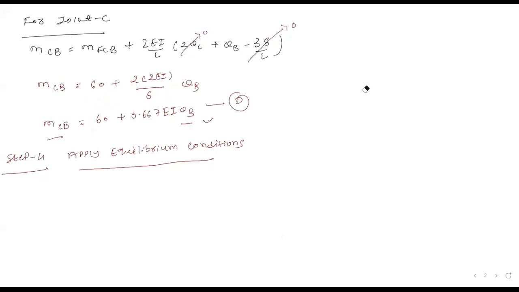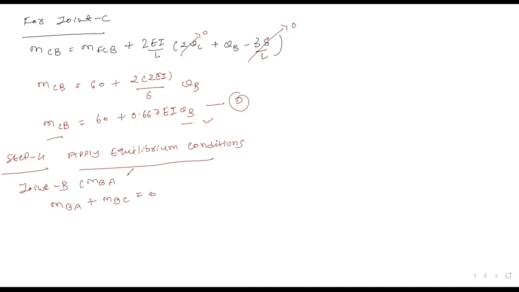So this is some basic explanation of the intermediate junction, how it will carry a moment. Fine. Let me apply equilibrium conditions. So can we say that at joint B, MBA plus MBC should be equal to 0.